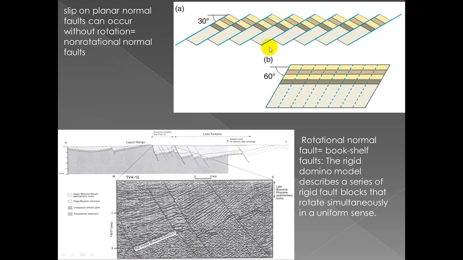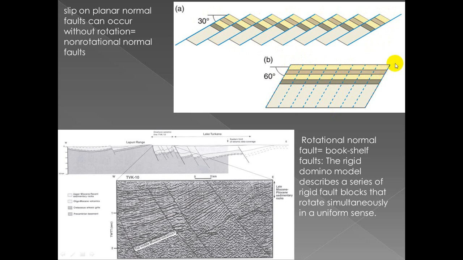From this figure we have to understand how stretching is achieved due to faulting. These are the initial faults, but the faults rotate from 60 degrees to 30 degrees. Due to rotation of the faults, this initial length increased to L plus the extension.